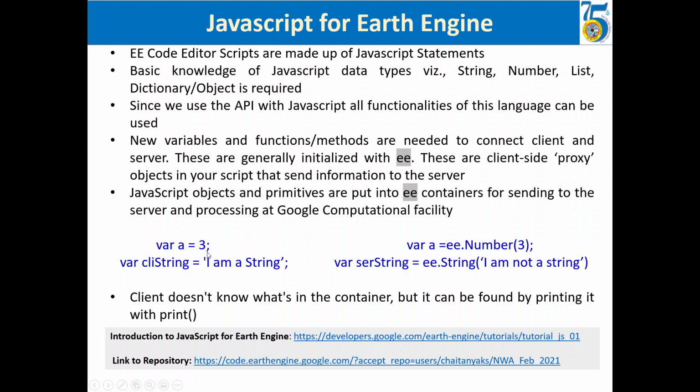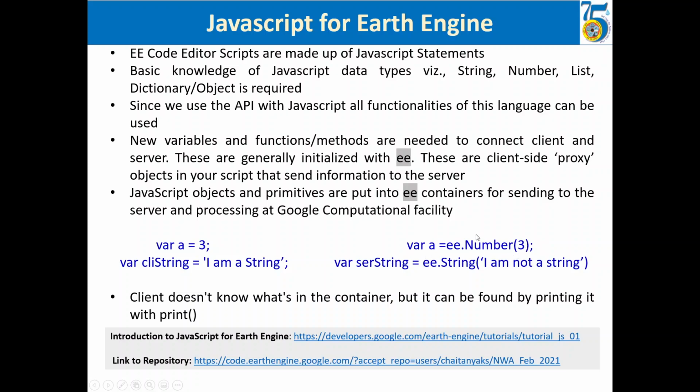But if you are sending this information to the Google server, then you have to put it in an Earth Engine container, which starts with ee.Number. This is the way you declare a number.